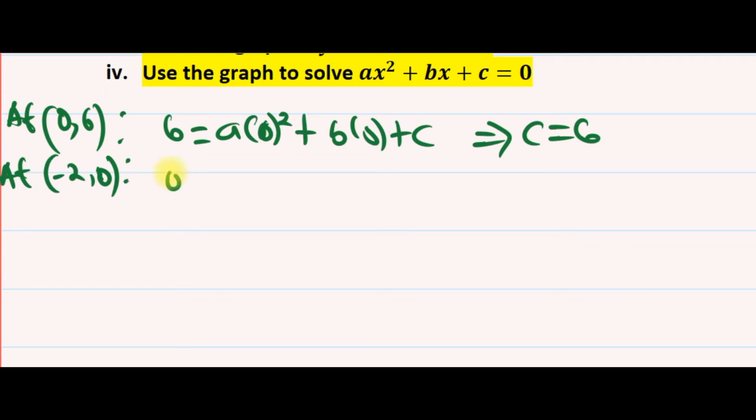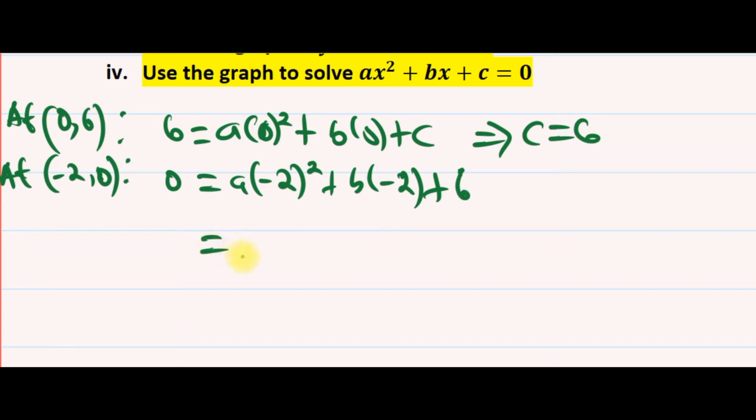Remember, y is 0 and x is minus 2, plus c. Remember, our c is 6. Have you seen why I started with the y-intercept? So 0 equals 4a minus 2b plus 6.